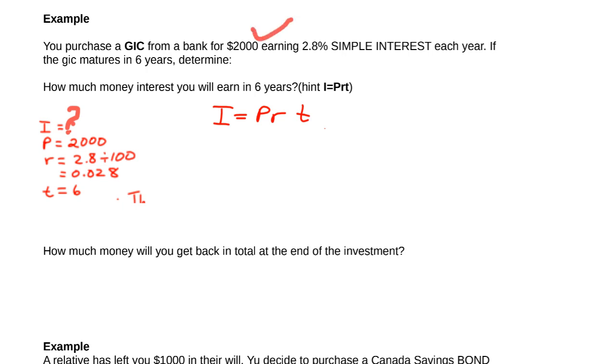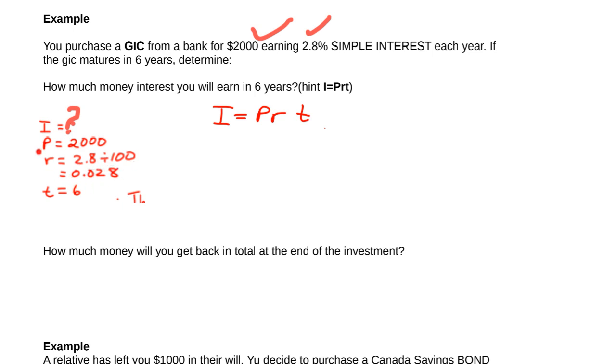Now remember that our interest rate has to be changed into a decimal, and our rate in this case is 2.8%. Now, our 2.8% converted into a decimal is 2.8 divided by 100, as we calculated here, which gives us this number.